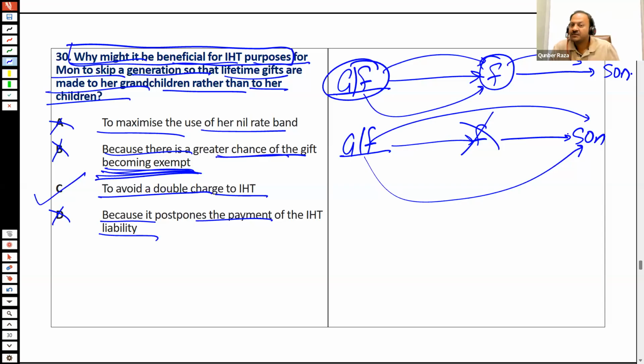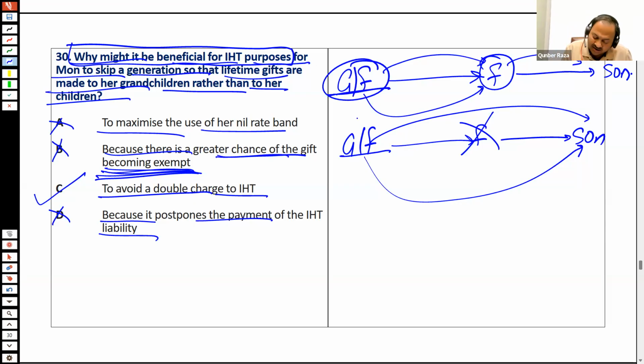So let me rephrase. For a PET or CLT to become taxable, whose death do you primarily look for, the transferor or the transferee? Donor death, right? Transferor death.